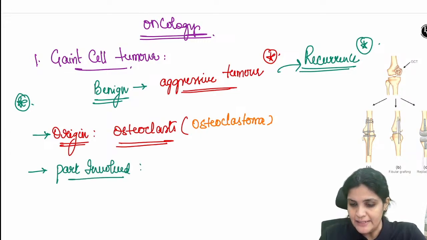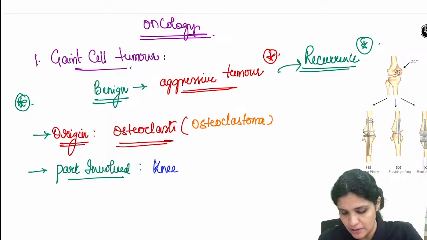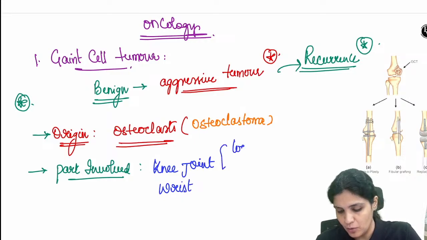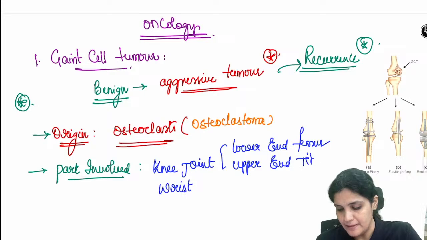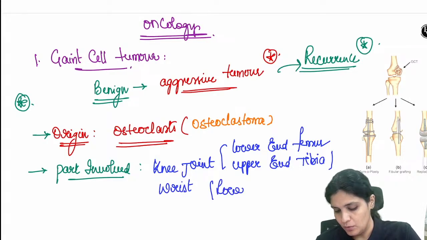Mostly it is seen around the knee joint, then your wrist. In the knee joint, the lower end of femur is more common than the upper end of tibia, right? Then the lower end of radius.